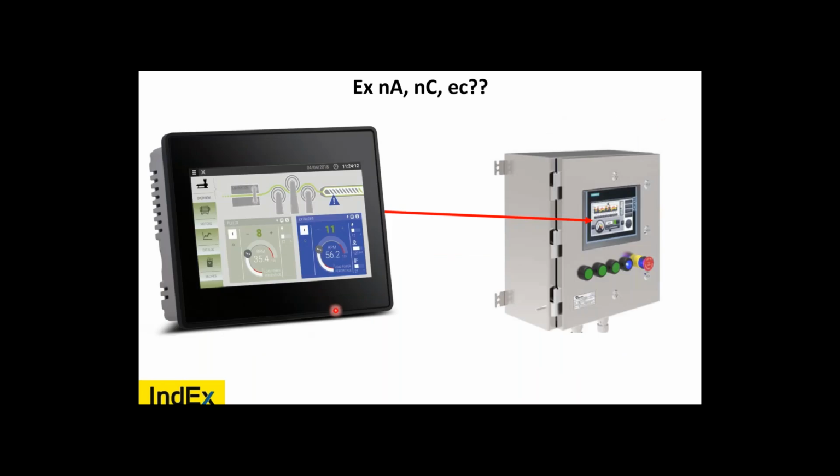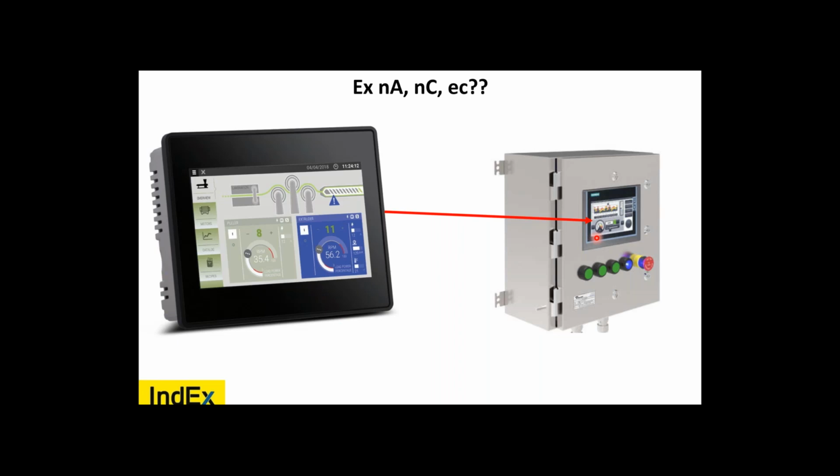So an HMI panel, human machine interface, touchscreen. What is it? Is it Ex nA-nC or is it Ec nC? When was it manufactured? Did the manufacturer update their equipment? Has it been certified recently? What junction box must it go in?